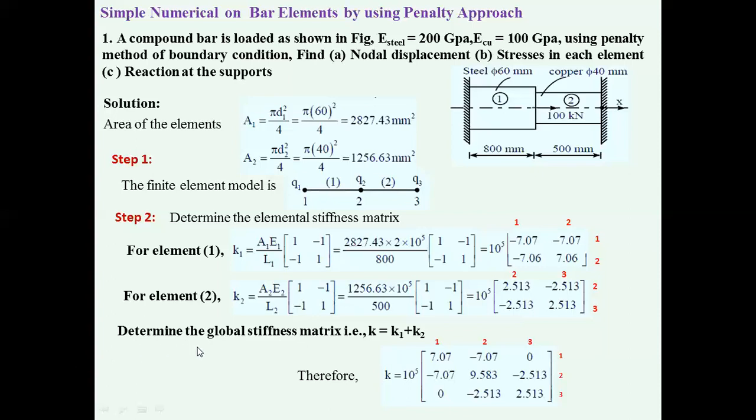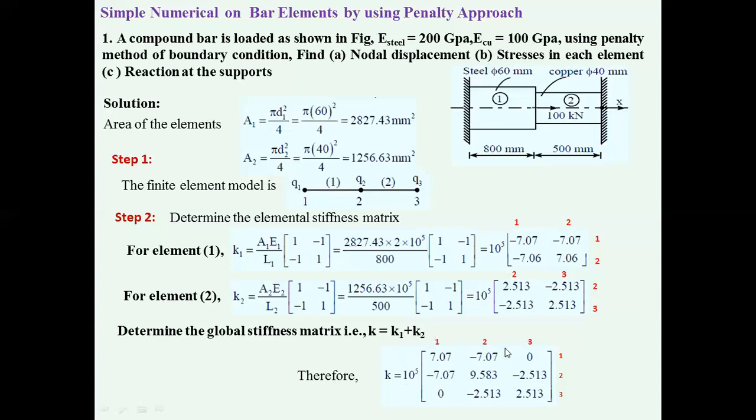Now you find the global stiffness matrix K, which equals the sum of the individual stiffness matrices. We have only two elements, so it is the sum of K1 plus K2. In both elements we removed 10 to the power of 5, so here also you remove 10 to the power of 5. Since we have three nodes, the global stiffness matrix will be 3 cross 3.